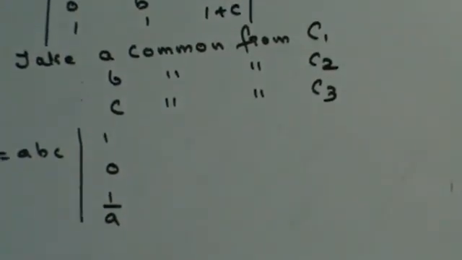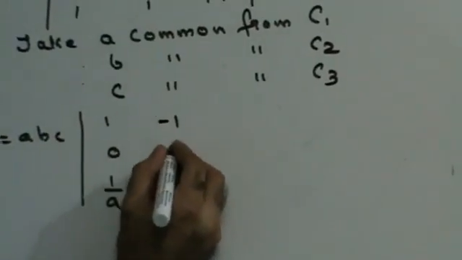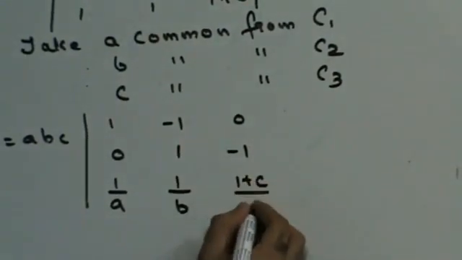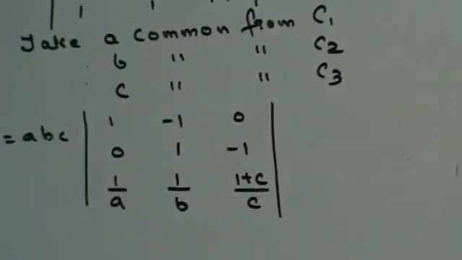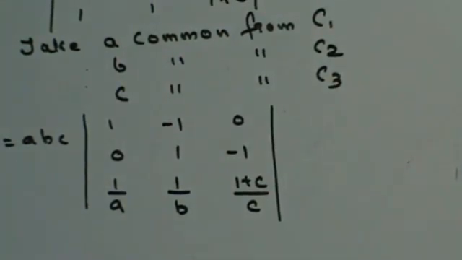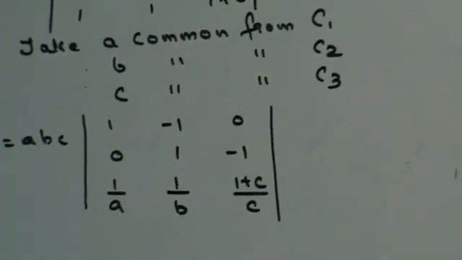I have to divide the entire first column by a. B common, minus 1 1 1 upon b. C common, 0 minus 1 1 plus c upon c, right? Okay, now once you've done this, I need to get 1 by a, 1 by b, 1 by c.